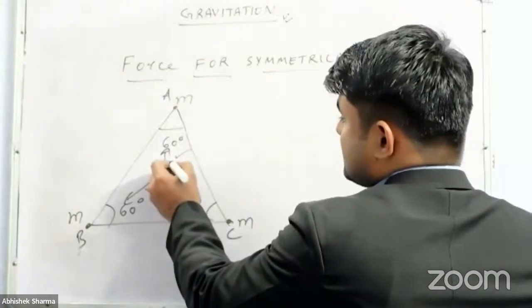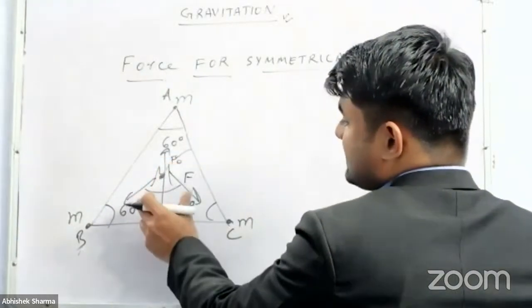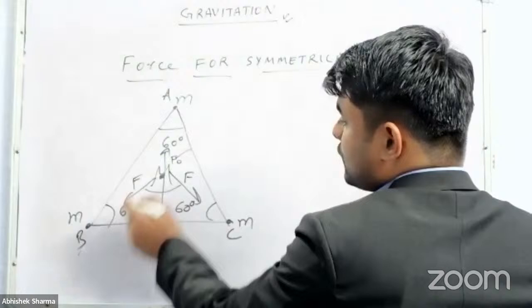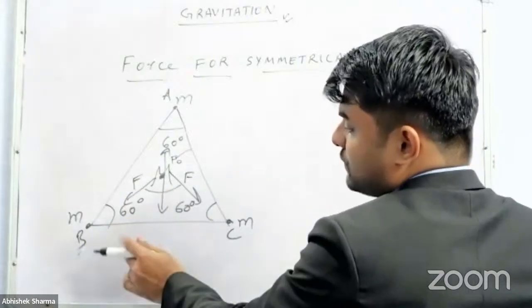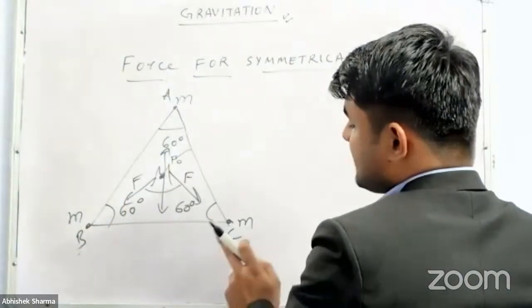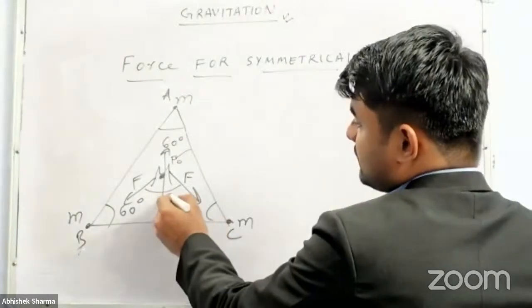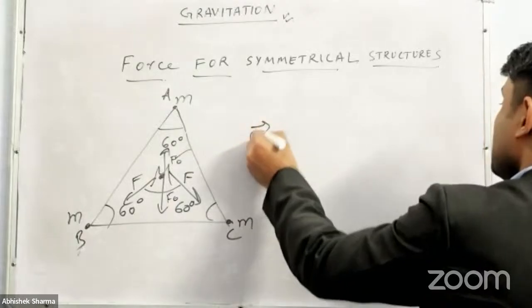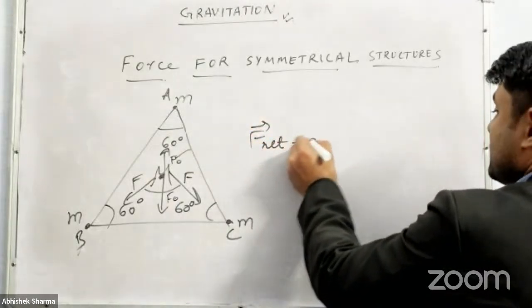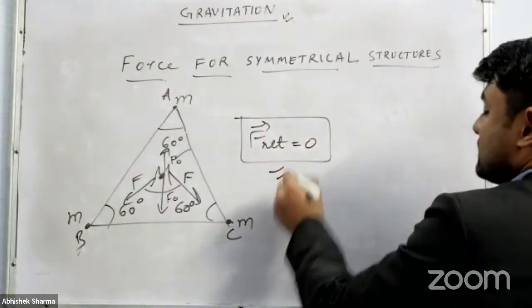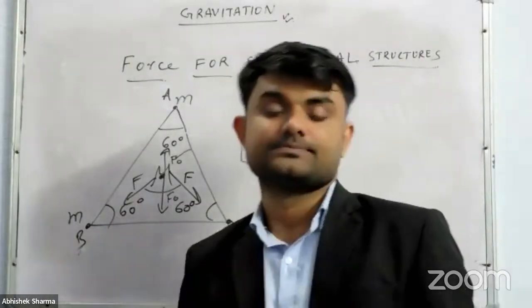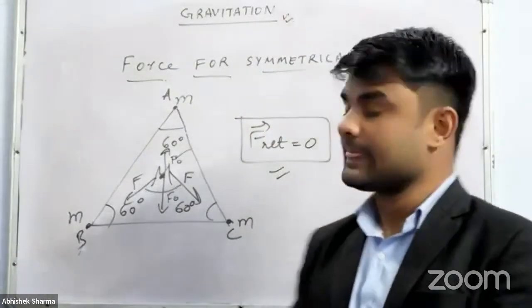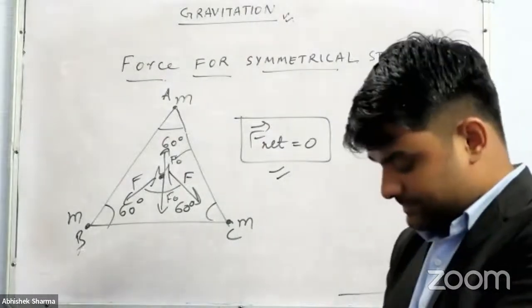If this is F naught, the net sum of these two forces, the attractive forces by the masses at vertices B and C, will also be F naught. So net will be zero. So directly for a symmetrical system, you can write the net force F net is equal to zero. Please note it down.